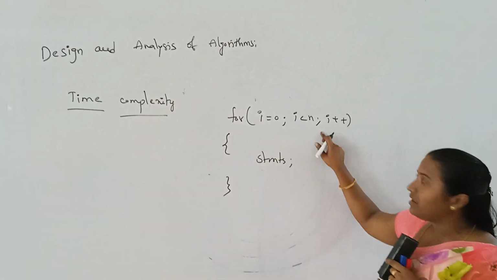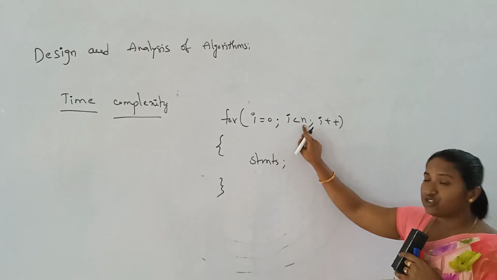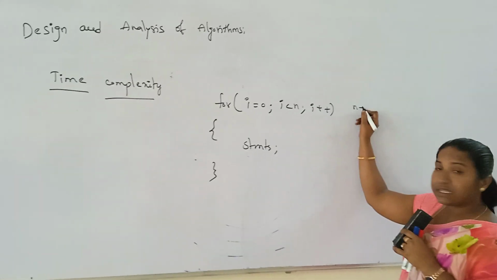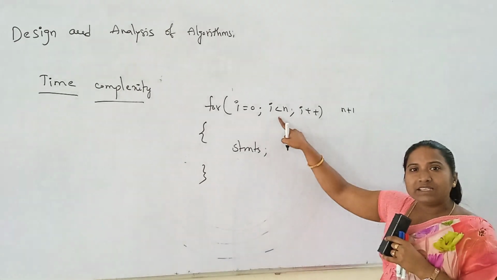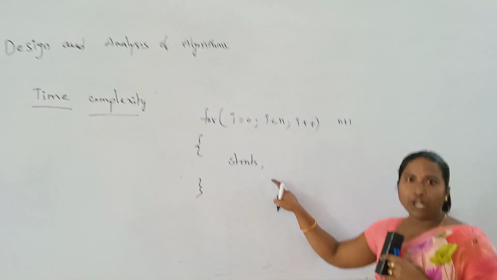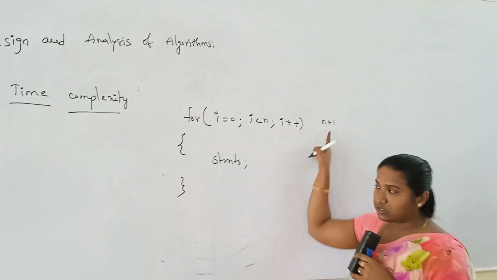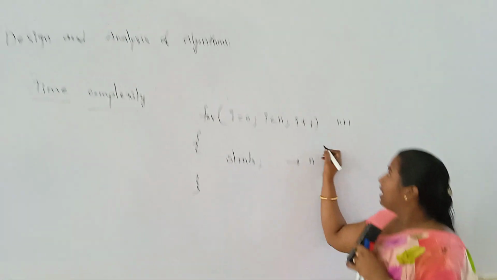Now, look at this line. How many times will it execute? Though I wrote that it has to go till n, it will go for n plus 1 times. Correct? When the n plus 1 condition comes, it will not enter the loop, but the loop check will run for n plus 1 times. And this statement will run for n times.